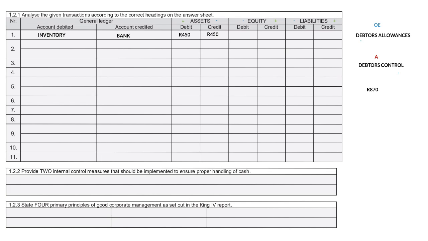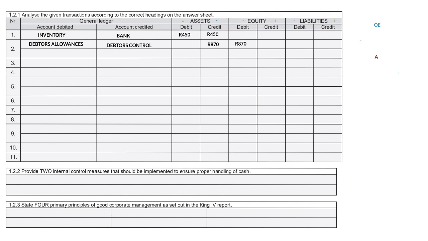So let's go record that onto our answer sheet. So the account debited is debtor's allowances. The account credited is debtor's control. Assets will be credited with R870 and equity will be debited with R870.